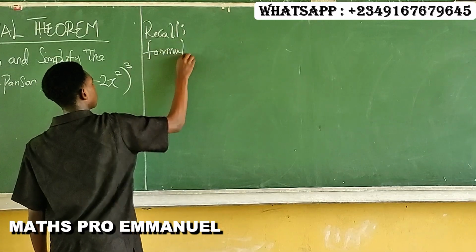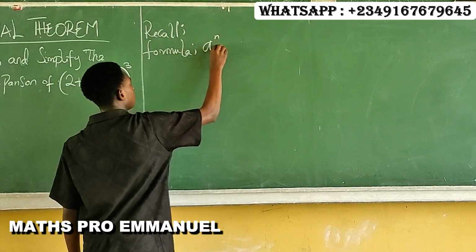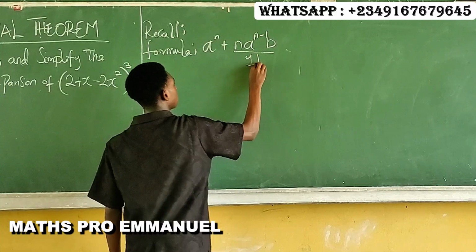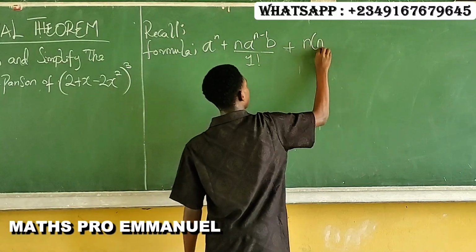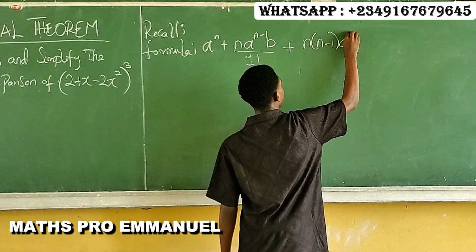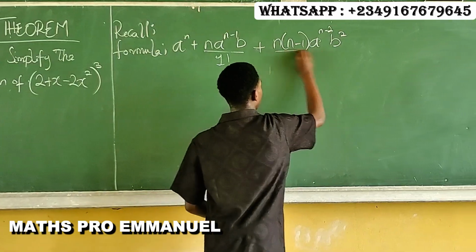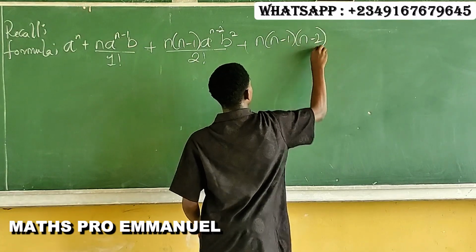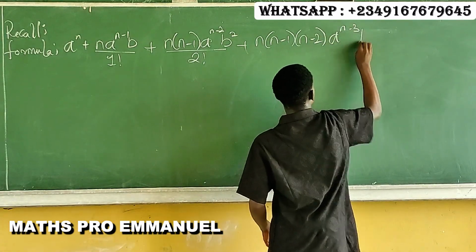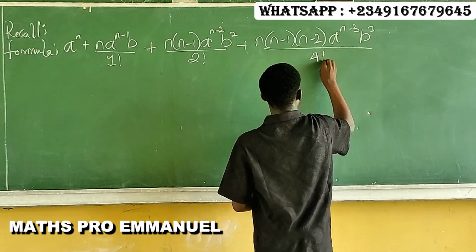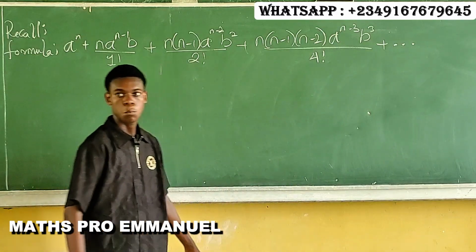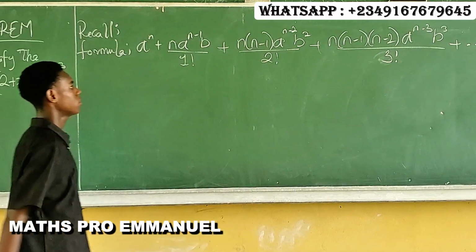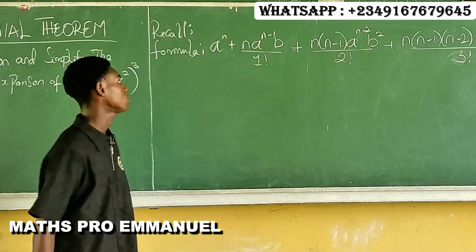The formula is a^n + n a^(n-1) b over 1 factorial, plus n(n-1) a^(n-2) b² over 2 factorial, plus n(n-1)(n-2) a^(n-3) b³ over, sorry, 3 factorial rather, plus ellipsis. That's the formula I always use. Now let's solve this question.